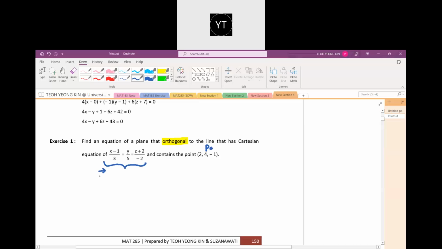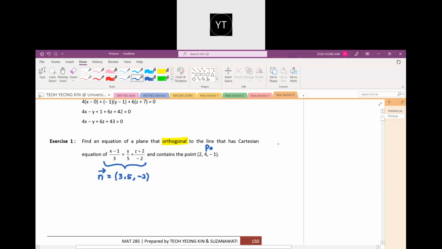The normal vector is the value of a, b, c. In the Cartesian equation form, a, b, c is 3, 5, and -2. In this Cartesian equation, a, b, c is in the denominator, which is 3, 5, and -2.